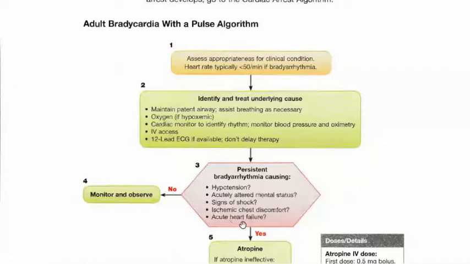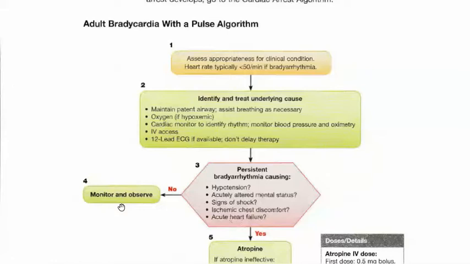So, if this patient has no symptoms and signs of bradyarrhythmia, if this patient has no hypotension, acute altered mental status, signs of shock, ischemic chest discomfort, acute heart failure, or any like that, so you must monitor and observe the patient because he might be disturbed later.